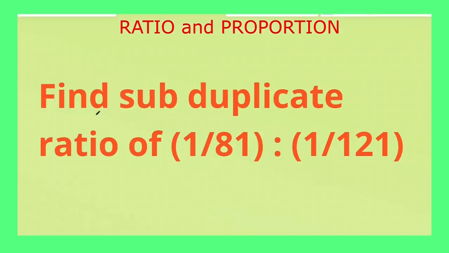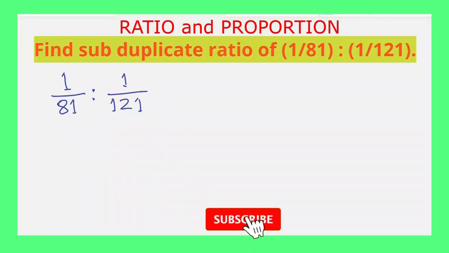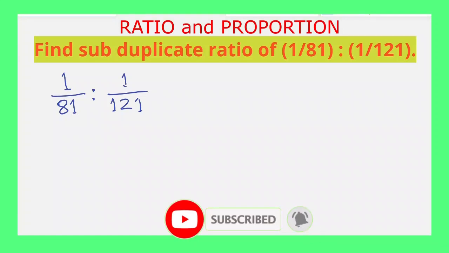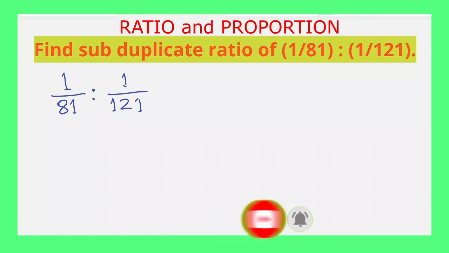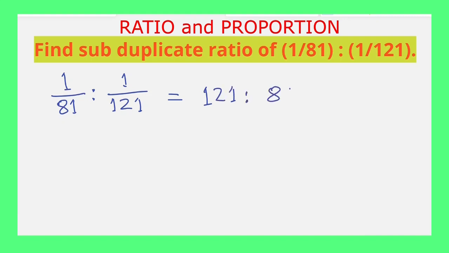Our question is, find subduplicate ratio of 1 upon 81 ratio 1 upon 121. The given ratio is 1 upon 81 ratio 1 upon 121. We convert this fractional ratio into whole numbers. So we multiply both numbers by 121 multiplied by 81. So this comes out to be 121 ratio 81.